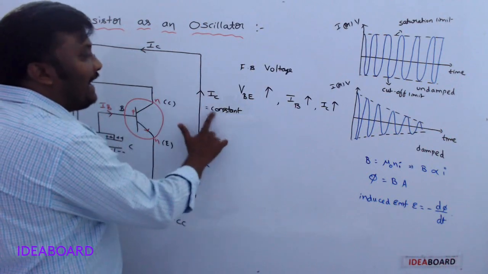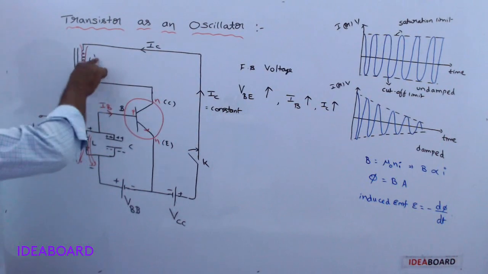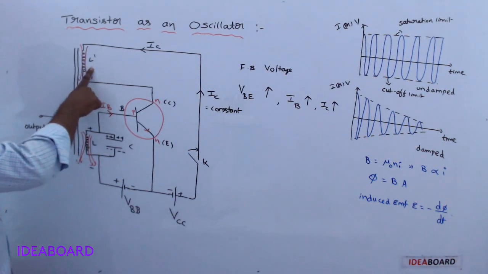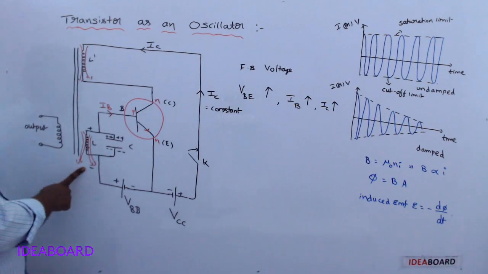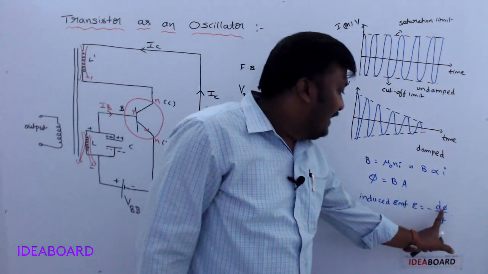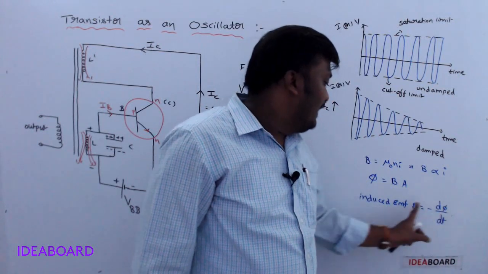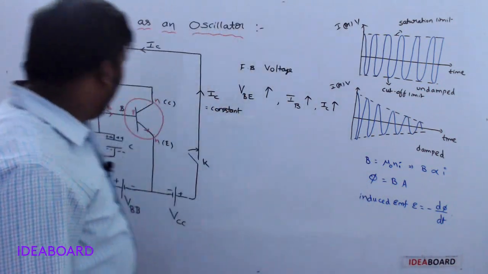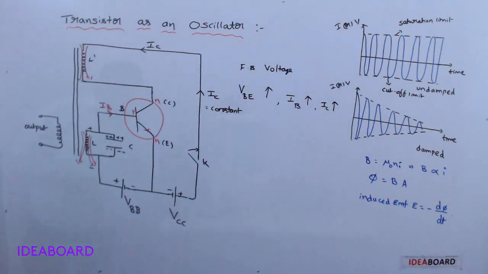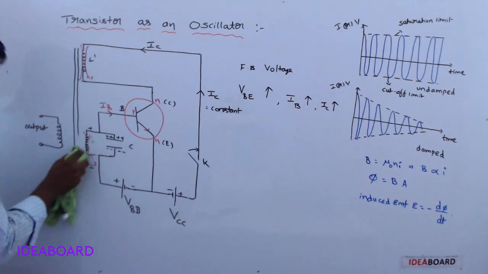Understand? Whenever current is constant, it produces a constant magnetic field. Whenever the magnetic field is constant, flux is constant. But here the formula is the change in flux. Flux constant means induced EMF now becomes 0. Induced EMF 0 indicates that there is no change in magnetic field lines.